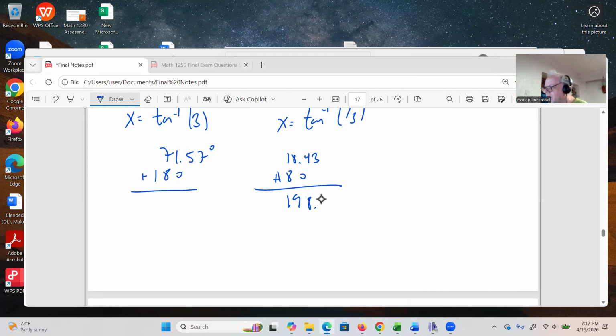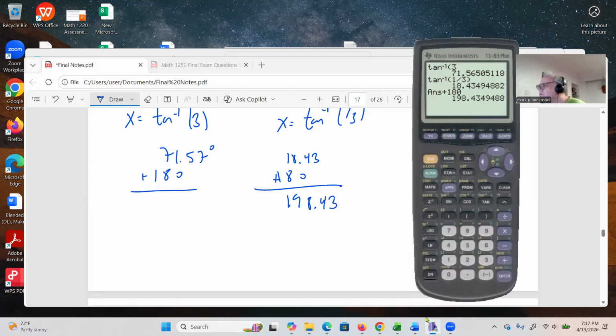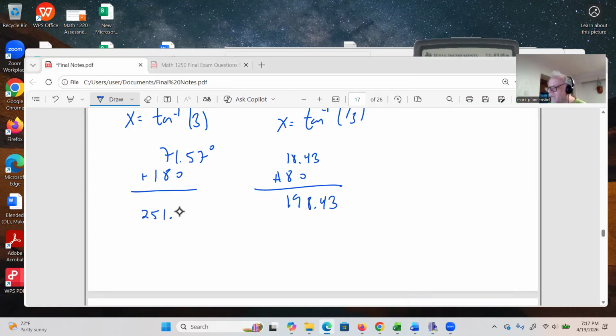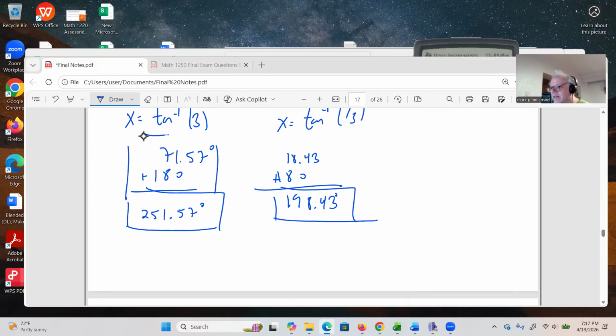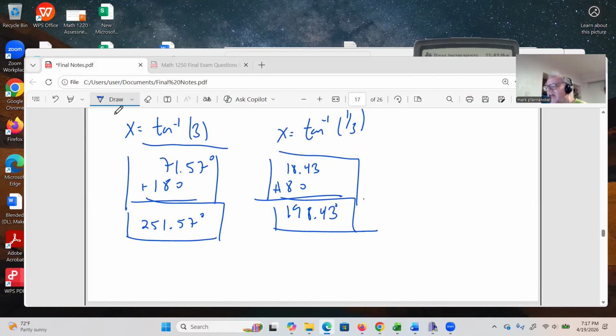Then we go back to 71.57 plus 180, and we have 251.57 degrees. Those are our two answers that we're going to report, again to 2 decimal places, both in degrees. So those are my 2 answers for this.